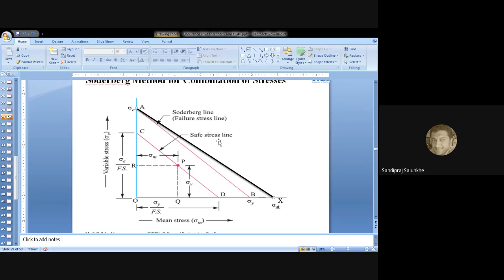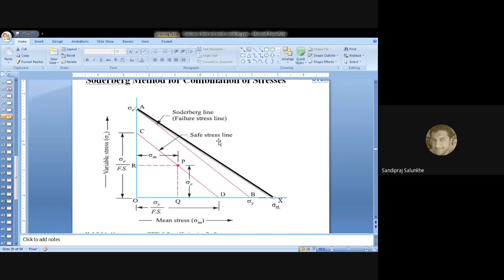Okay, and if you are going to compare these two lines AX and AB, then AB is not beyond the AX. It means that it is coming under the safe line only, and we are making our design or product safer. But if you cross this AB line for the ductile material, then we cannot assure that it may not fail for the finite cycles or for the infinite cycles.